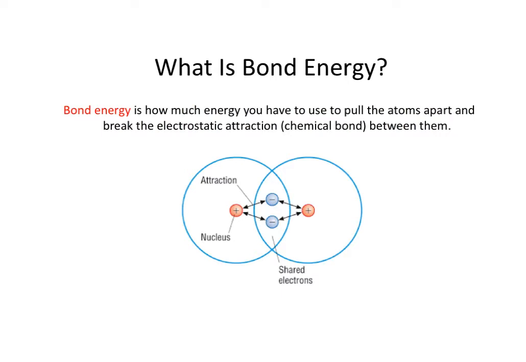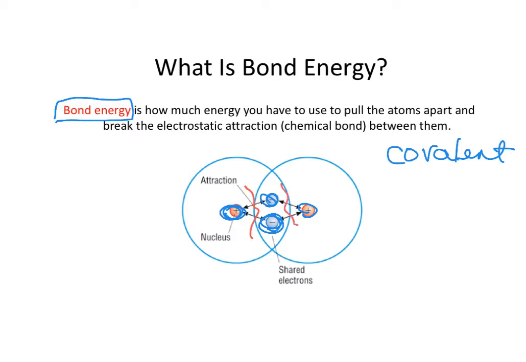So as I just said verbally, for a covalent bond, the electrostatic attraction is between the electrons of one atom and the nuclei of the other. And so bond energy, which is a primary theme of this lecture, is how much energy it takes to break that electrostatic attraction and pull those two atoms apart.